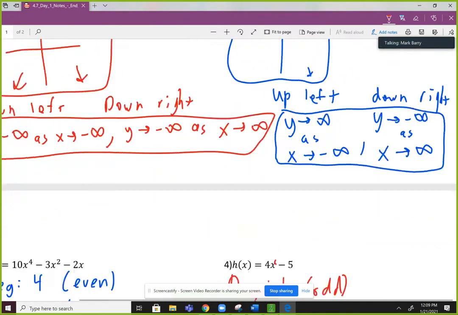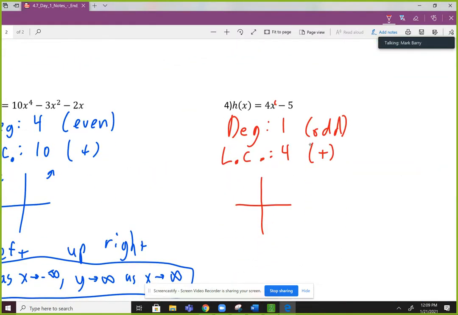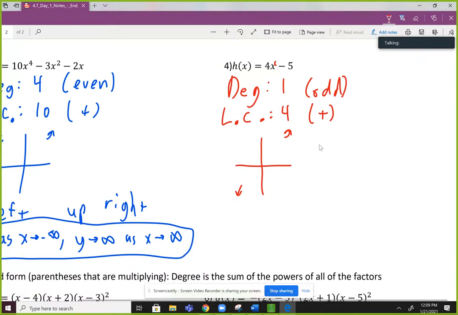So we got down to the left and up to the right, excuse me. Okay, so we know down is y negative.